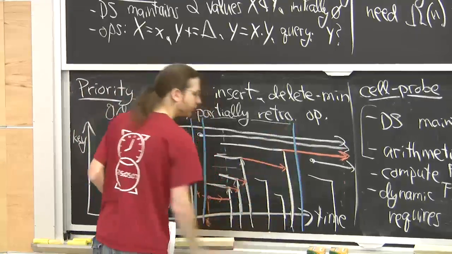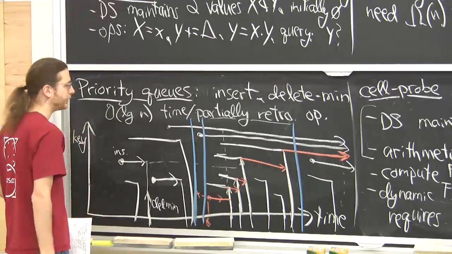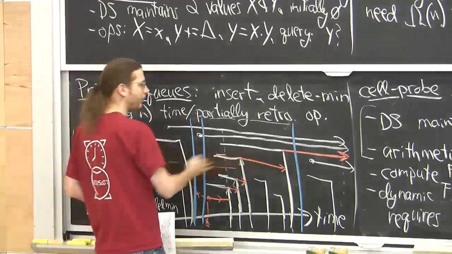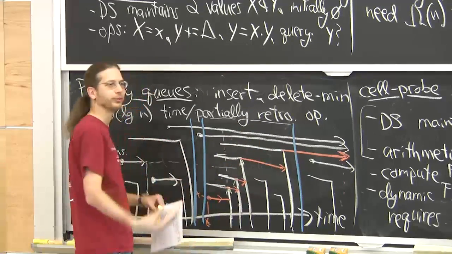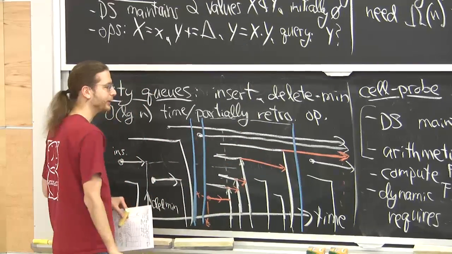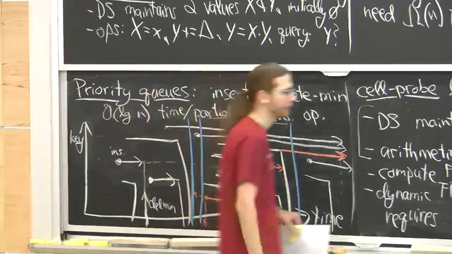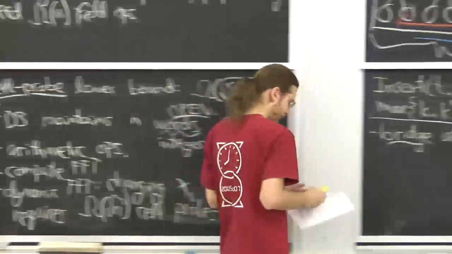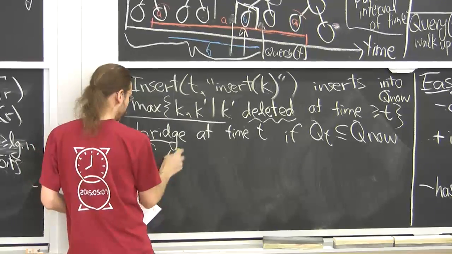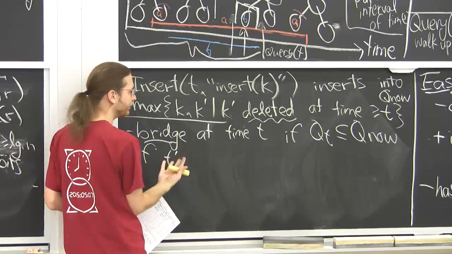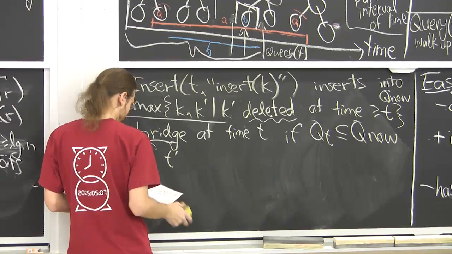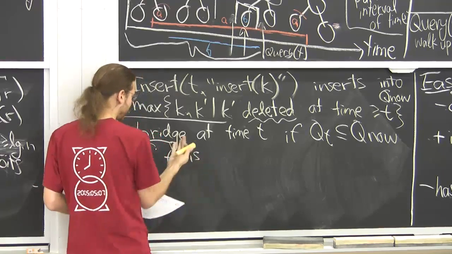This is a bridge. Basically, interesting stuff happens between bridges. Bridges are the points of rest when things are kind of boring. We'll need this for the next statement. And the other claim is it's easy to maintain where the bridges are. That's not a big surprise, because there's no chain reactions at the bridges.